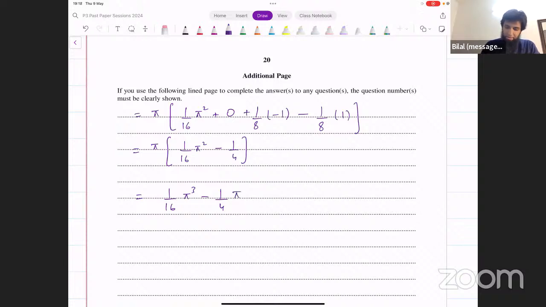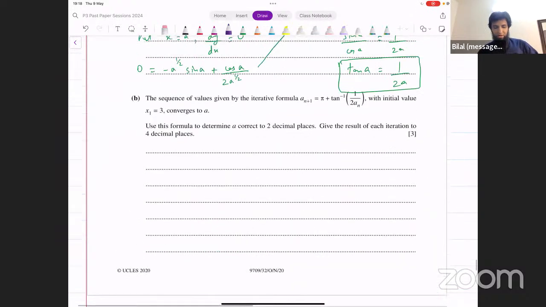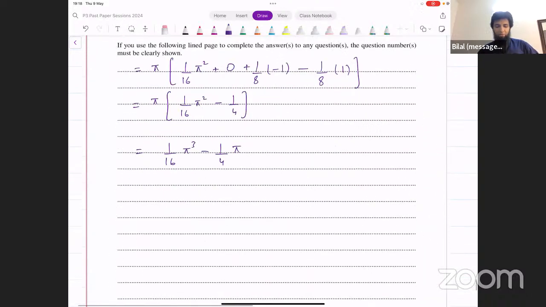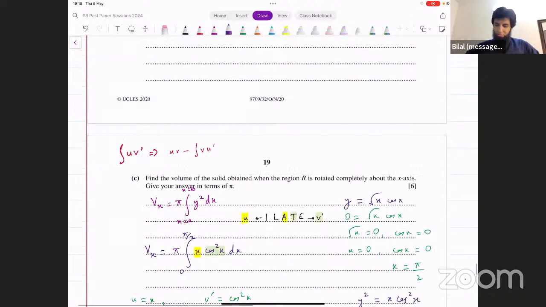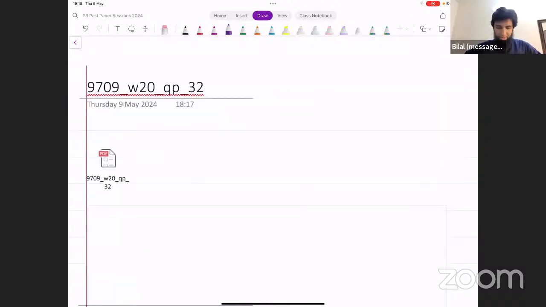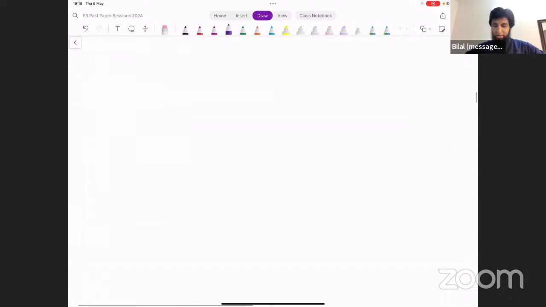That is the result that we get from this. That's our final answer. That's the volume of revolution of that area under the curve with the x-axis. Is that okay? No problem with this? That was November 2020 paper 3-2.